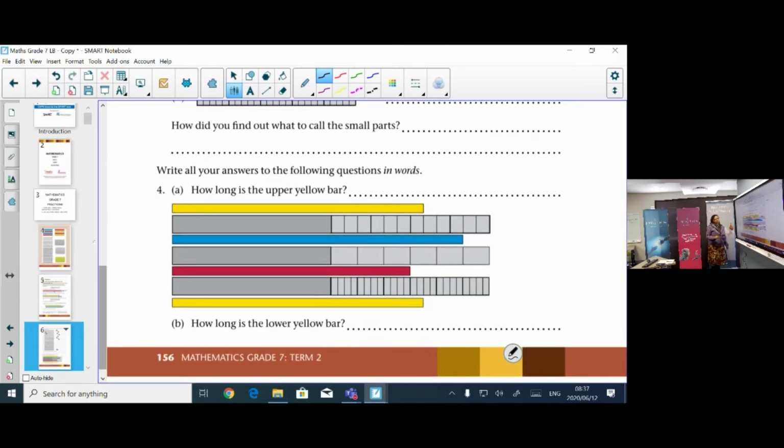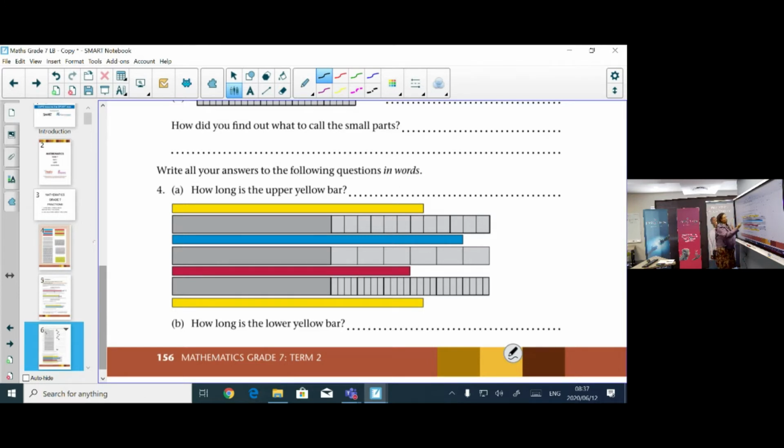So now coming to the practical way here, we are saying that this is equal to 1 because, remember, when we started the lesson, we said let's take this gray bar as our 1. Here we have 2 gray bars, but the second one we have divided into parts. So the question is, how long is the upper yellow bar?